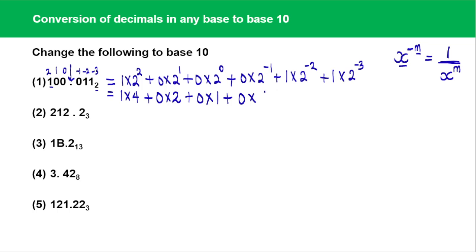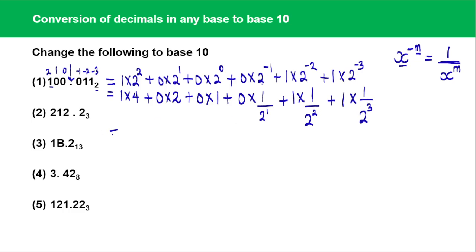If we apply the same law here, it means that 2 to the power of -1, the minus will become 1 over 2 to the power of 1, plus 1 times 2 to the power of -2. The minus here again will become 1 over 2 to the power of 2, plus 1 times 2 to the power of -3, where the minus here again will become 1 over 2 to the power of 3.